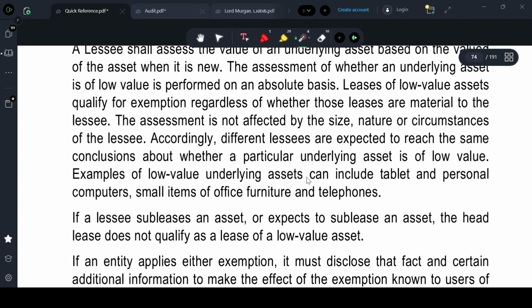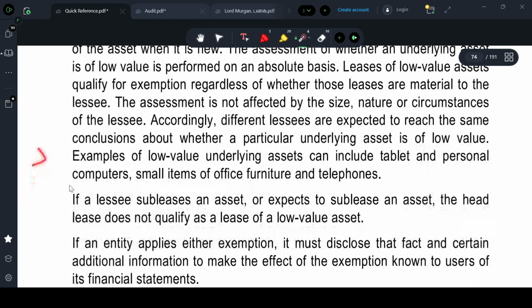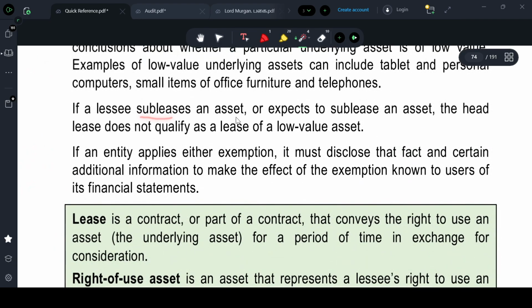We don't need to consider them. That's what has been said. If a lessee subleases an asset, the head lease does not qualify as a lease of a low value asset. Even if we get an asset in a sublease, but it is of low value, we don't need to consider it as a lease asset in that case also.